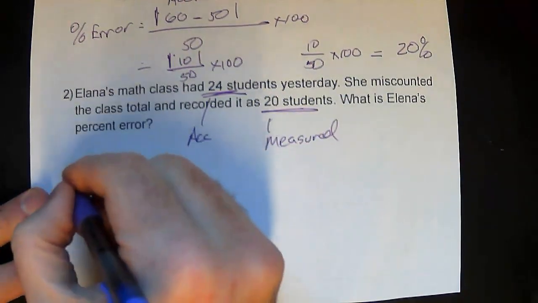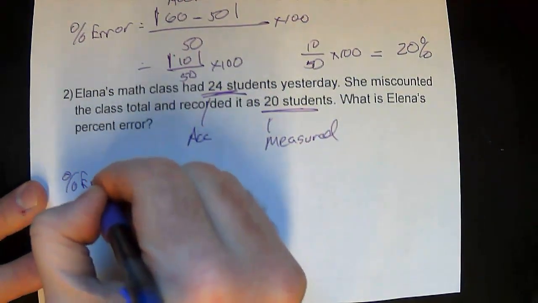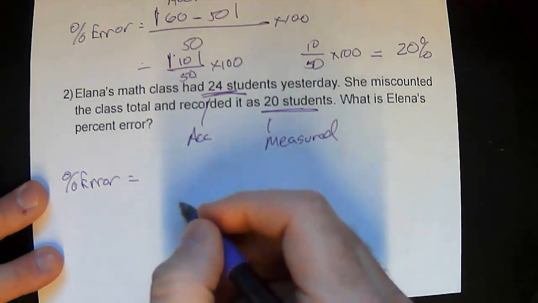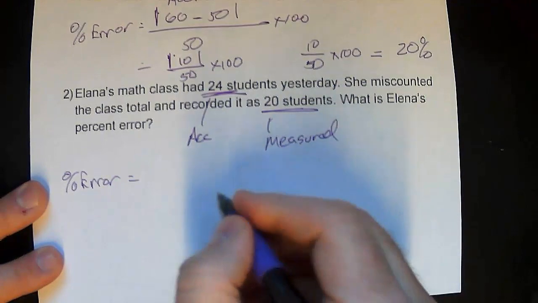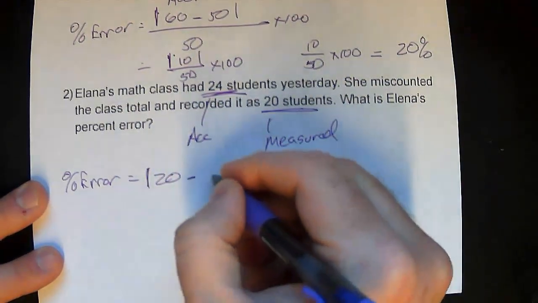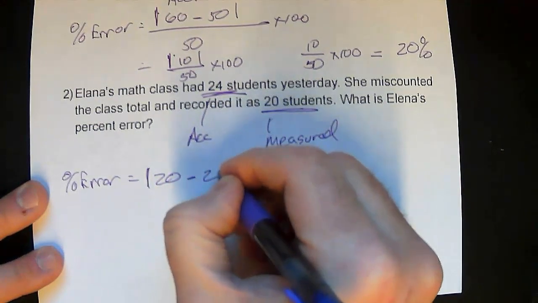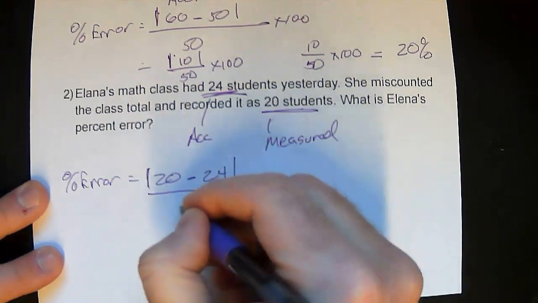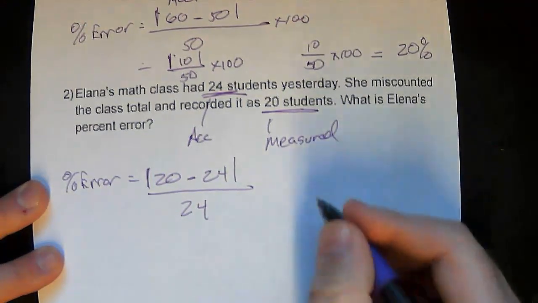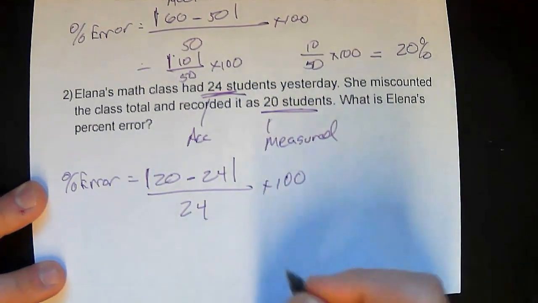Okay, so again, percent error equals the absolute value of the measured value, which is 20, minus the accepted value, 24, over the accepted value times 100.